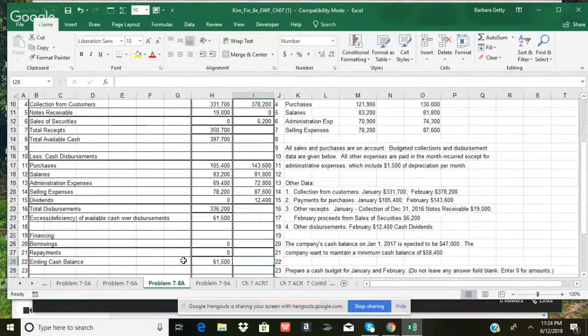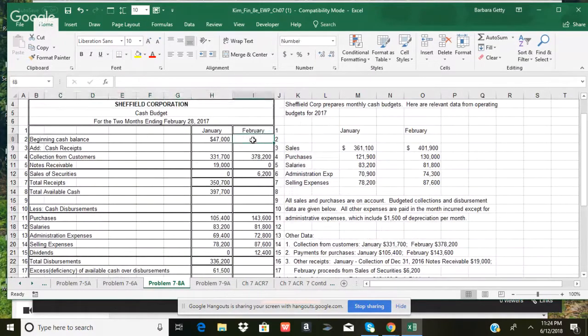So we always bring the balance forward from the month before up to our next month, which would be February. So we'll bring up 61,500 here, and we'll start going down. We already added our information here with our collection, customers, and sales of security.